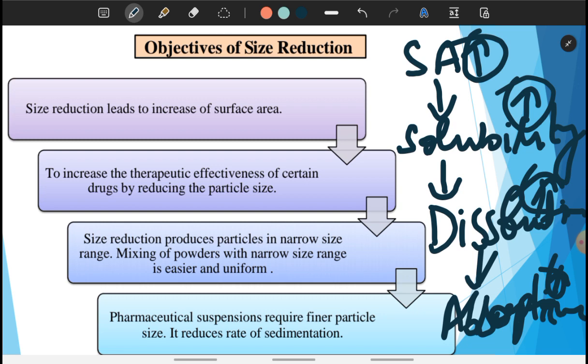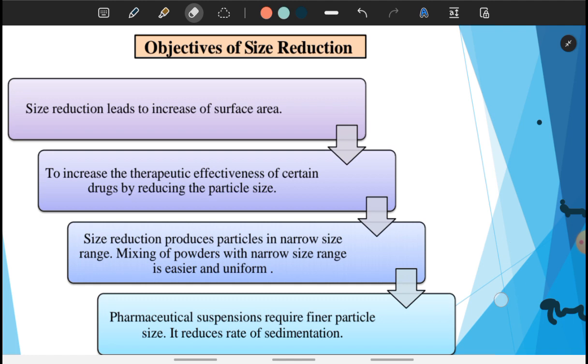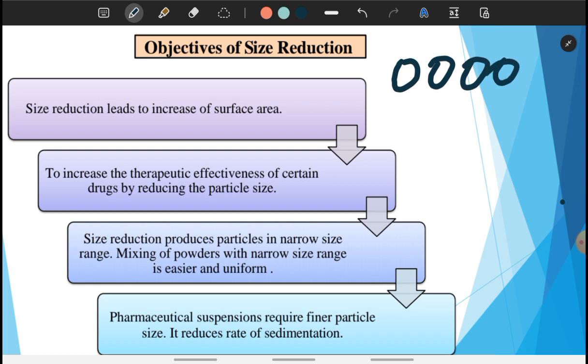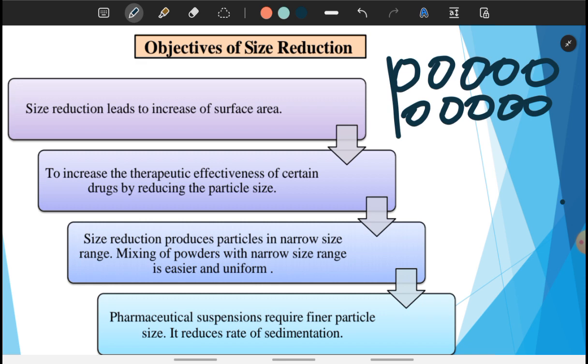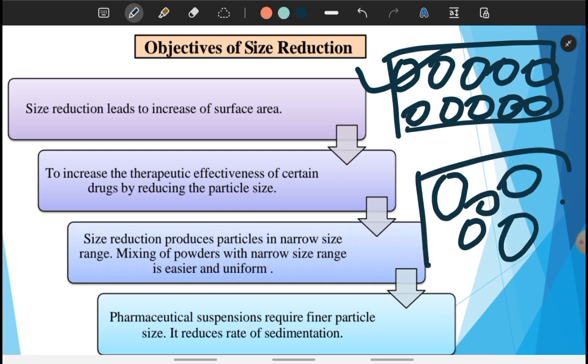Next is size reduction produces the particle in narrow size range. Mixing of powder with narrow size range is easier and uniform. If there is a particle with small and uniform particle size, it is easier to mix these particles as compared to if there are large particles and small particles.